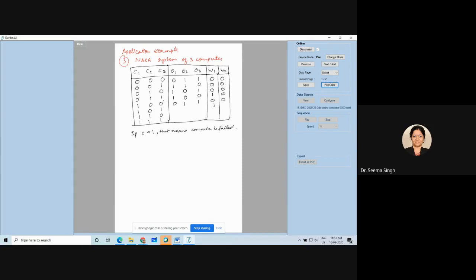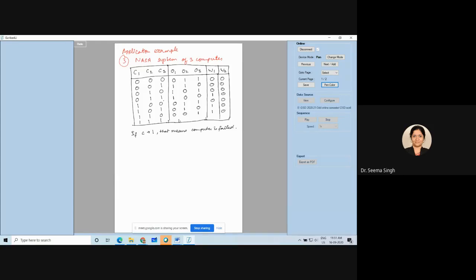Coming to this case again for 5. What is happening? Only 1 computer is available, 2 computers are not available, warning need to be generated, but not a serious warning. This one, second last one, only 1 computer is available to work, C1 and C2 is not available to work. Because only 1 computer is working, you have to generate a warning.